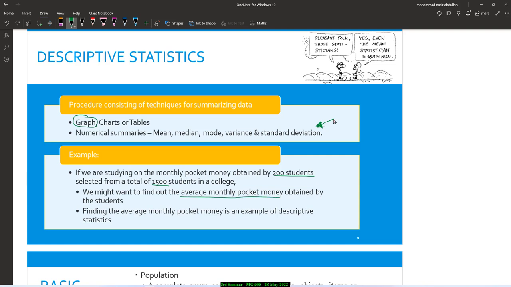So finding the average monthly pocket money itu adalah example of descriptive statistics. We just want to know what is the value. Average secara puratanya berapa monthly pocket money daripada 200 student ni, right?